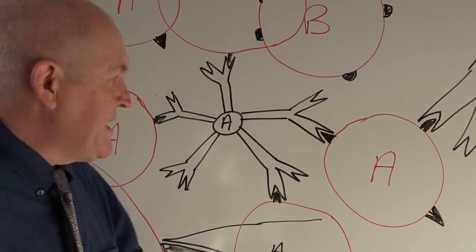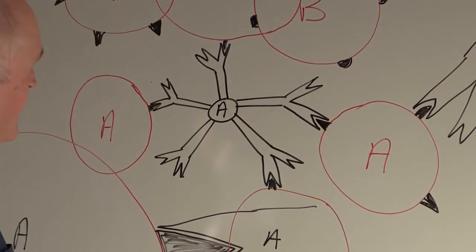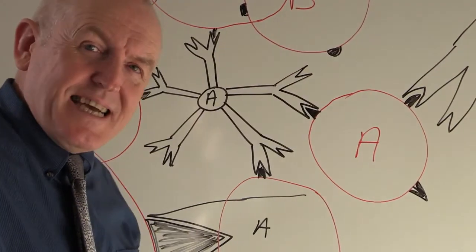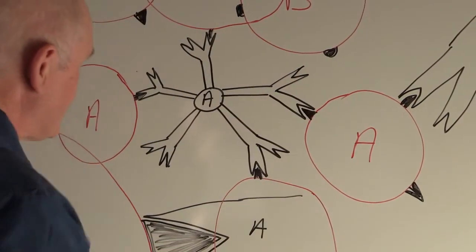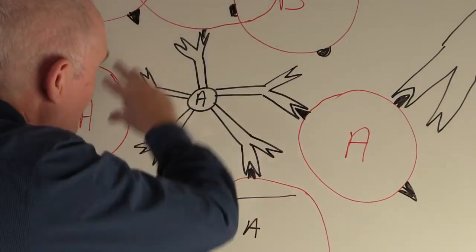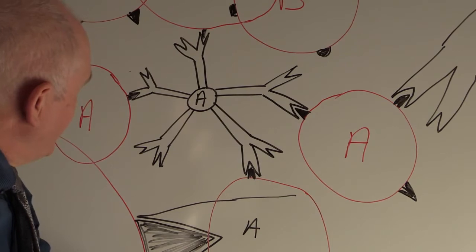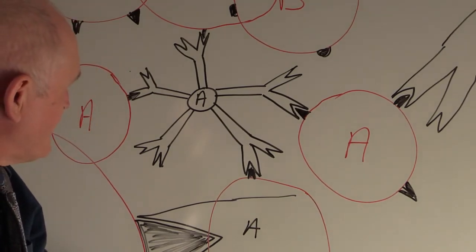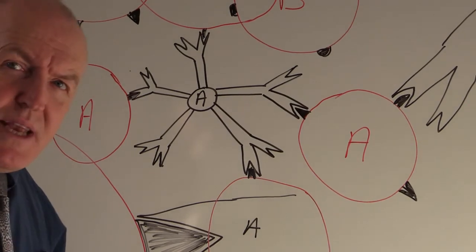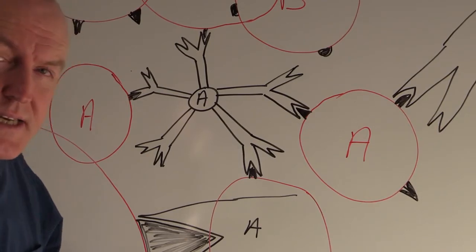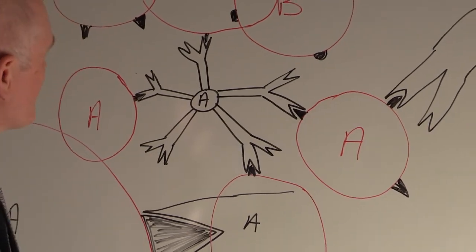So we can see that if we give group A blood to someone who is blood group B, we're going to get agglutination of the donated red cells as they are agglutinated, all clumped together by the A antibodies in the recipient's plasma. This is going to stimulate immunological, sometimes complement-mediated reactions.